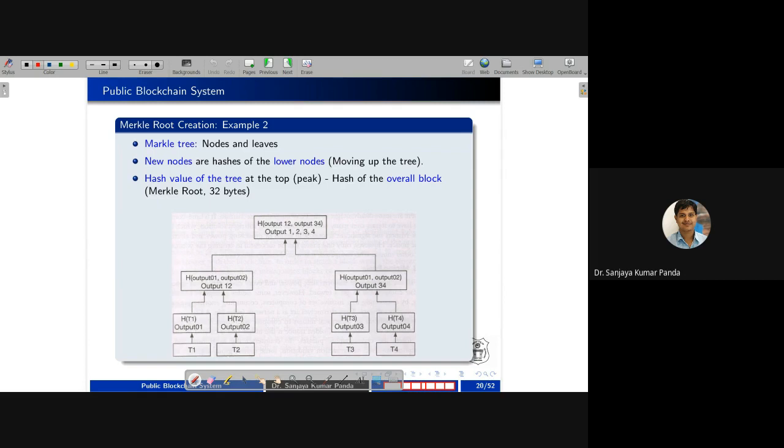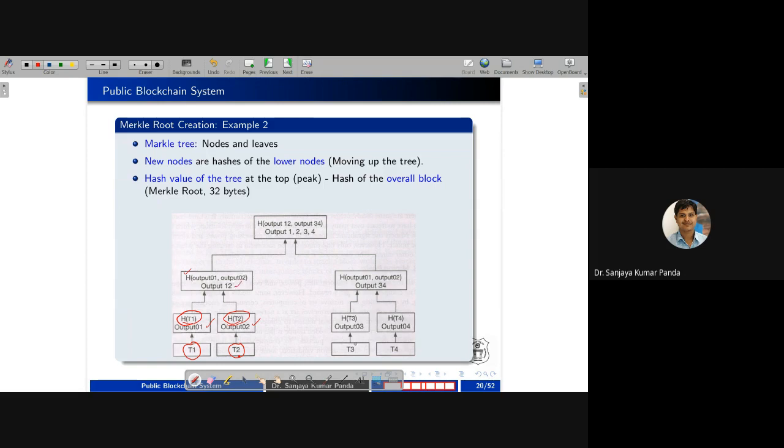New nodes are hashes of the lower nodes. For example, here T1 and T2 are there. I calculate H of T1 and H of T2. Let's say the outputs are 0,1 and 0,2. Whatever outputs you get here, you do the hash of output 1 and output 2, and let it be our output 1,2.